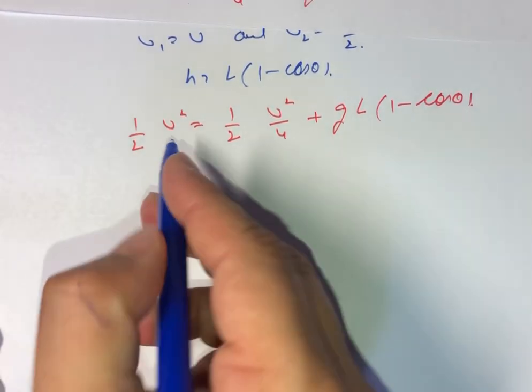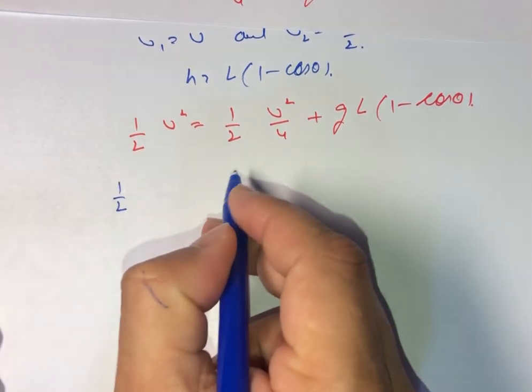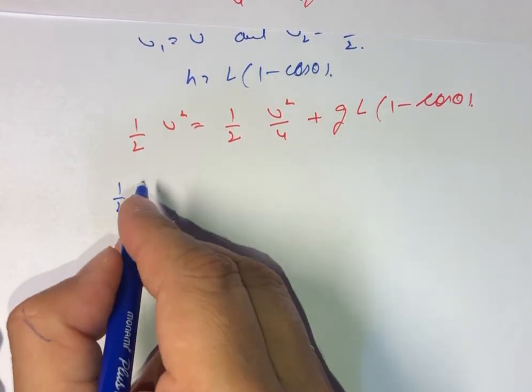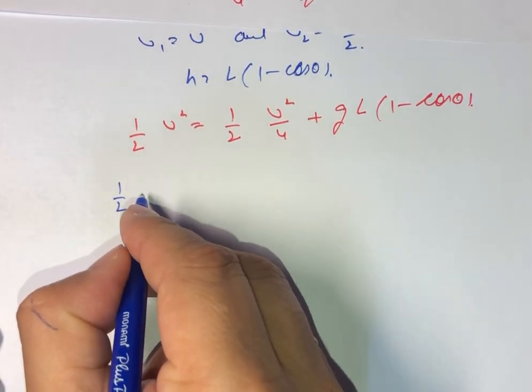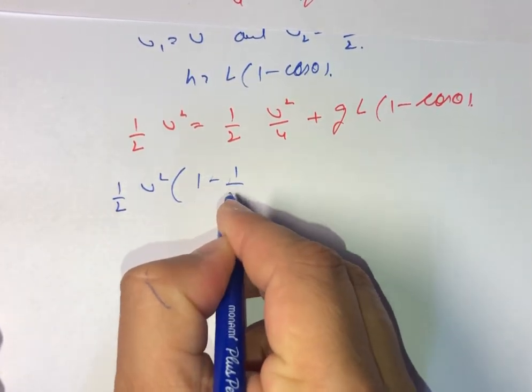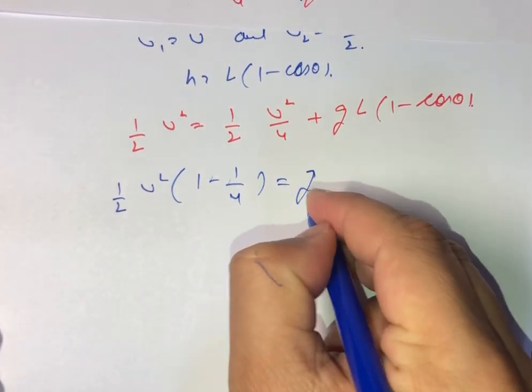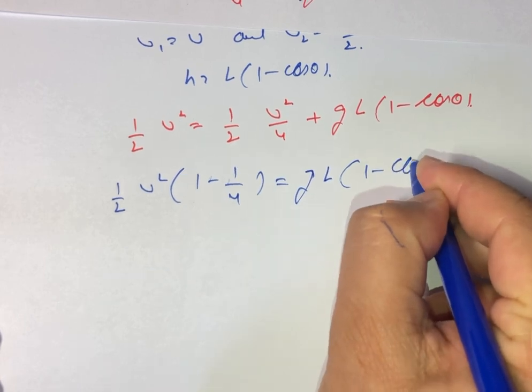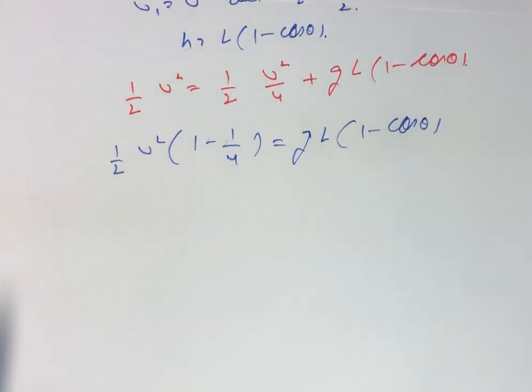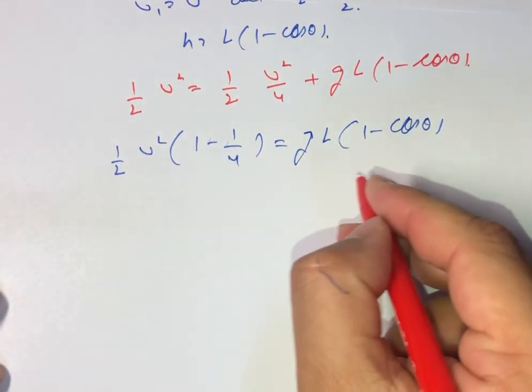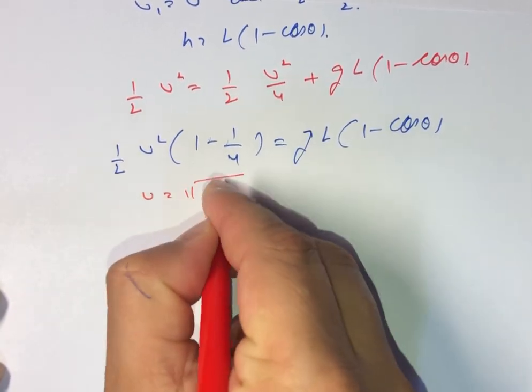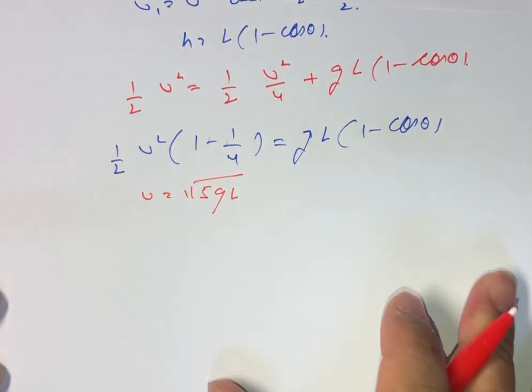We take v square common, so this will be half v square times (1 minus 1 by 4) is equal to gL times (1 minus cos theta). The value of v is the square root of 5gL.